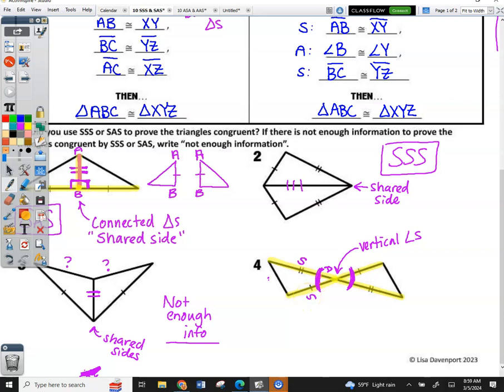Then you would go to the other triangle and just make sure it's in that same order, side angle side. So that's another technique. Most people are either one or the other. Lots of people like the highlighter thing. Some people can see the side angle side thing. Doesn't matter which one you pick as long as you are getting it right.